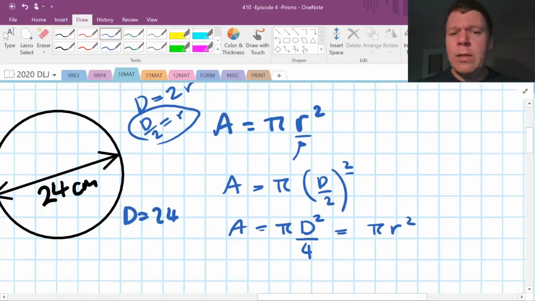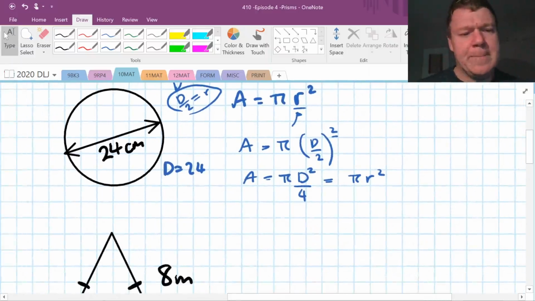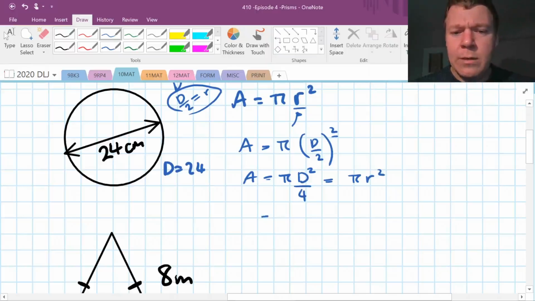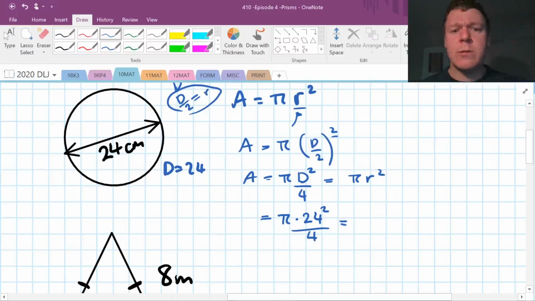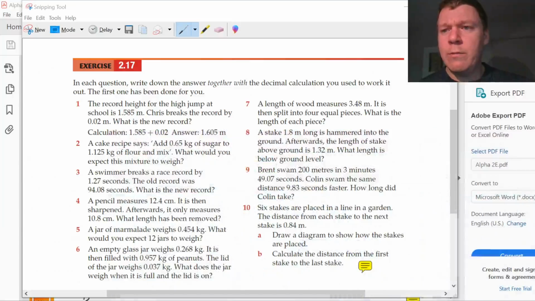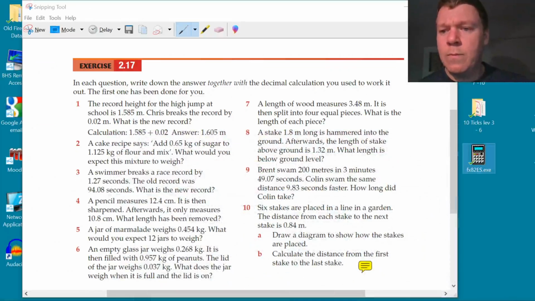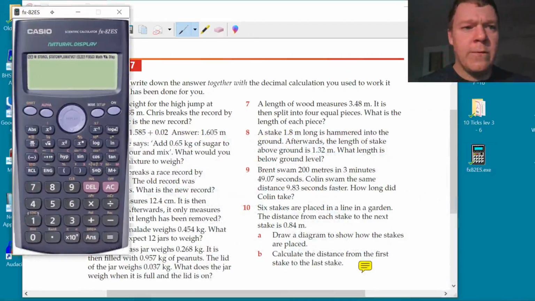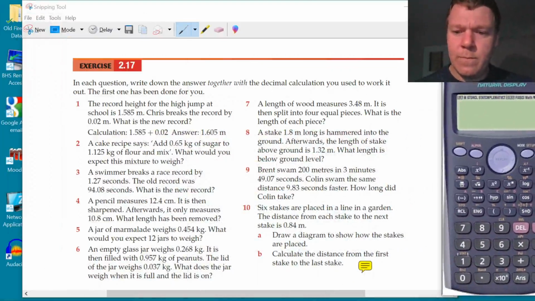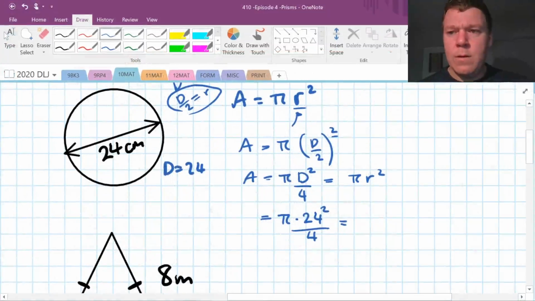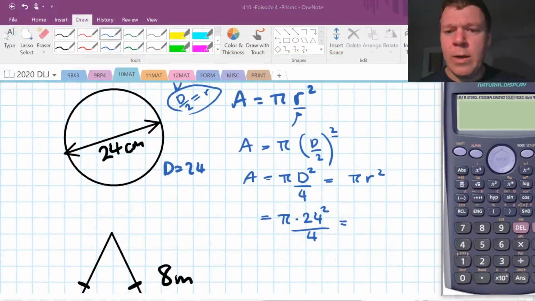Seeing as we've got a new formula, let's use it. So pi times 24 squared divided by 4 equals, I haven't got my calculator ready. Okay.